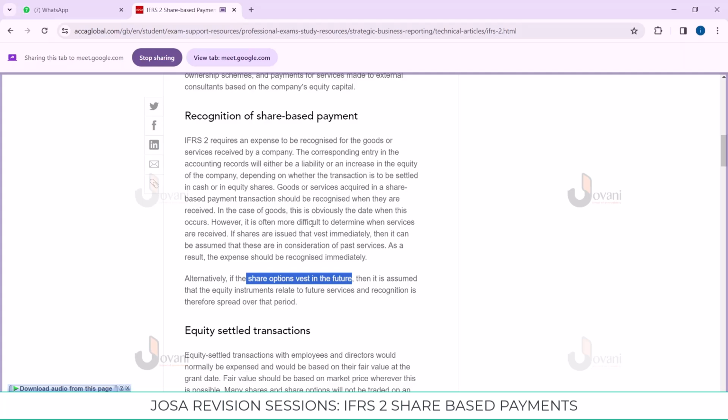Hello? Yes, please. Mine is on the two methods, the cash settled and the equity method. Since you have a credit entry going to equity with the equity settled, it makes sense it goes as a share based payment because we're actually getting more equity as a result of that acquisition of goods.